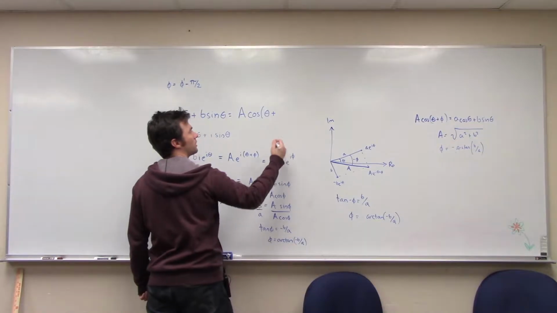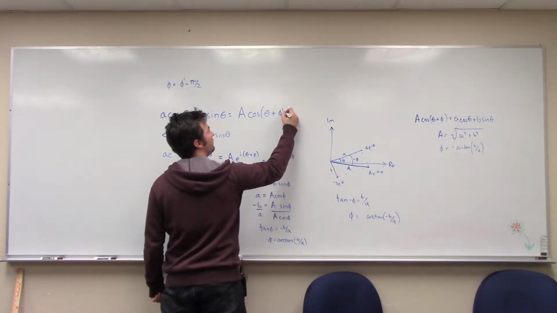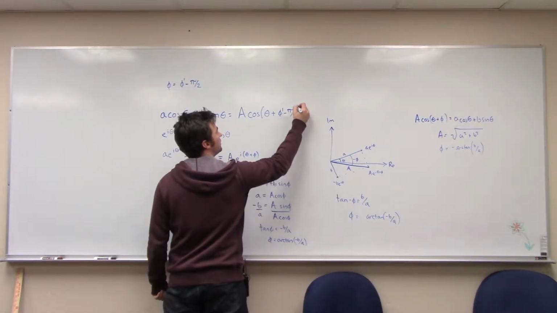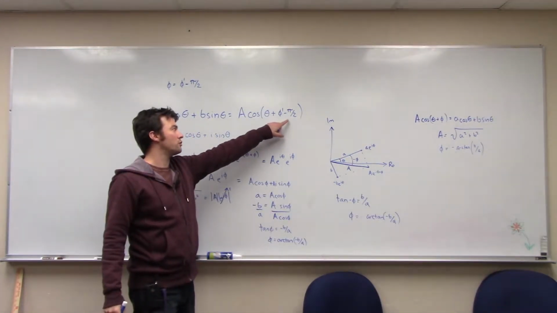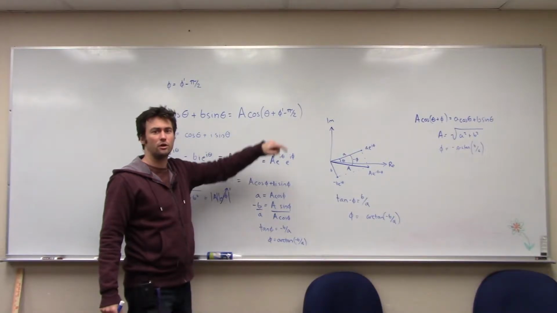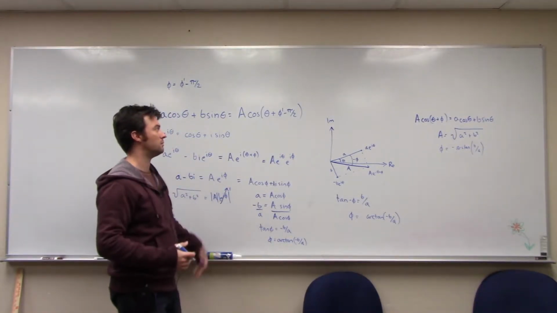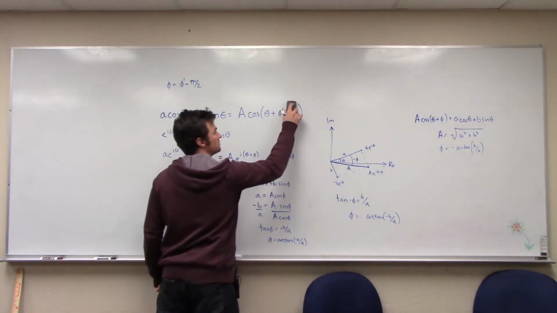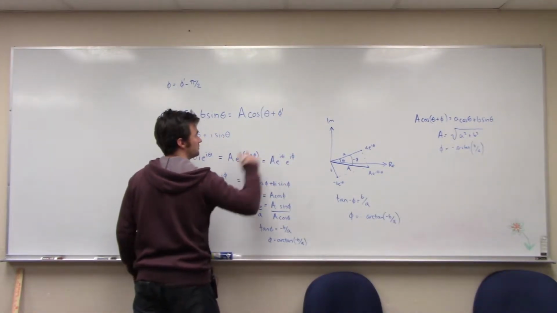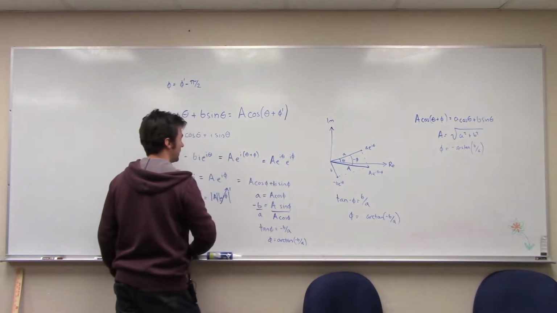I'm going to change my work. I'm going to go ahead and make this phi prime minus pi over 2. Whenever we subtract pi over 2 from the argument of the cosine function, that gives us a sine, basically. We can get rid of that here. Make this a sine.